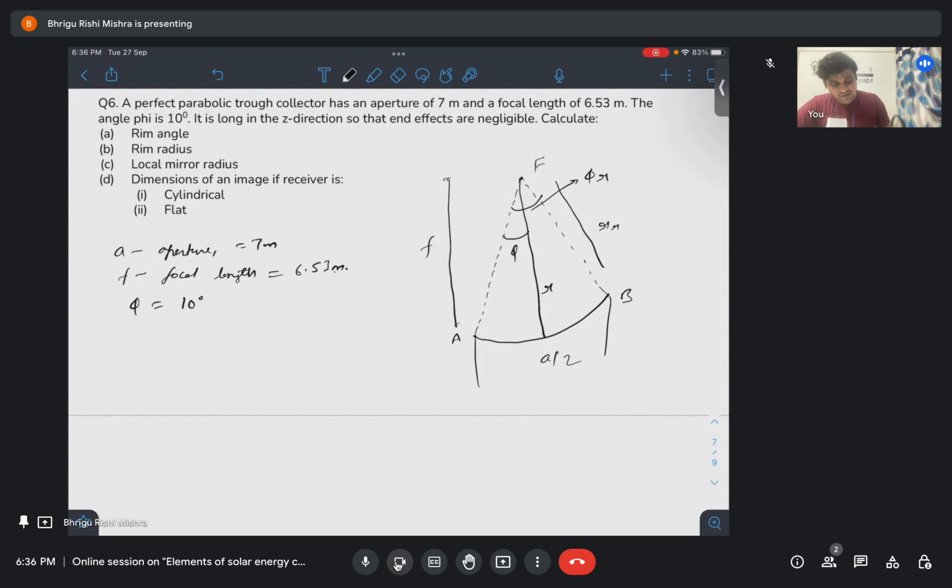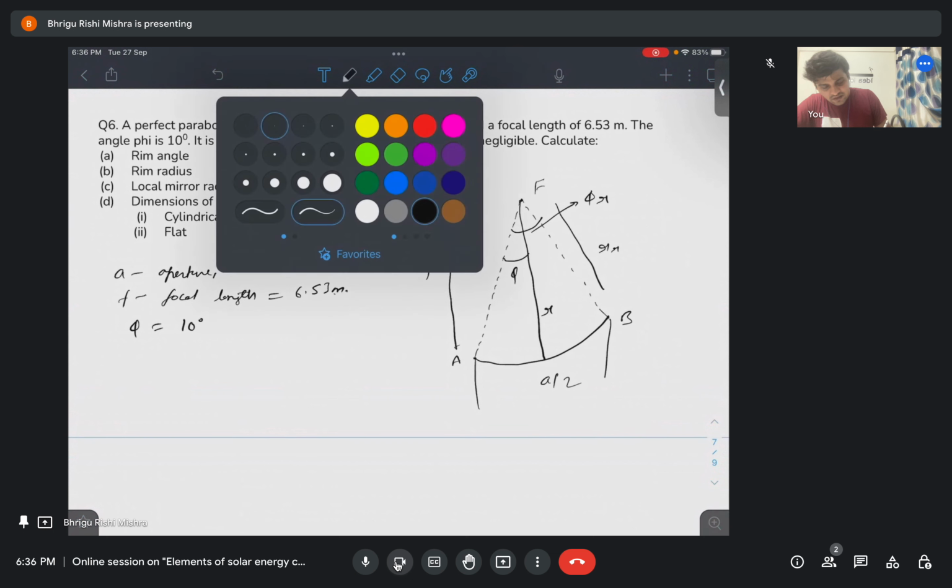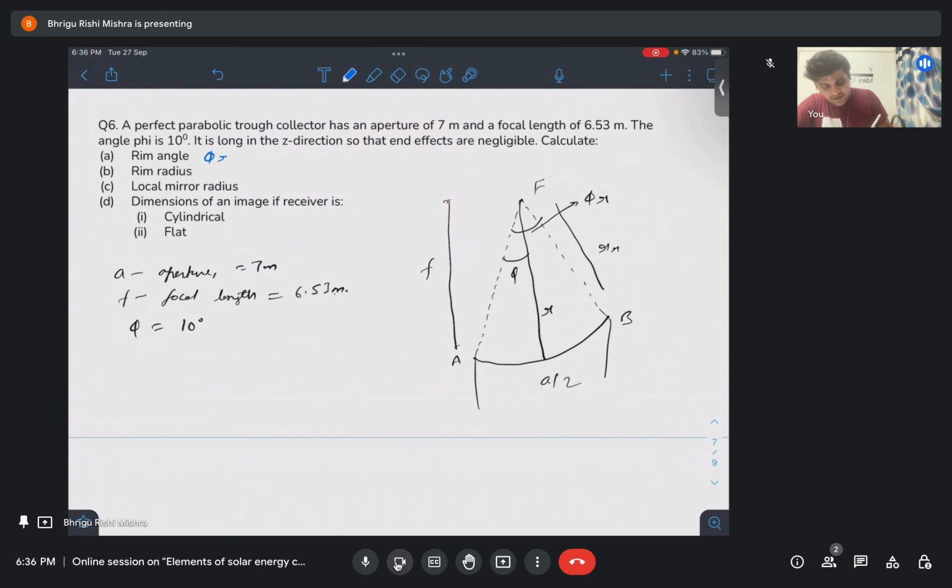So what are the things we need to calculate? We need to calculate the rim angle, which is phi r, the rim radius, that means RR, the local mirror radius, that means small r, and also the dimension of the image.